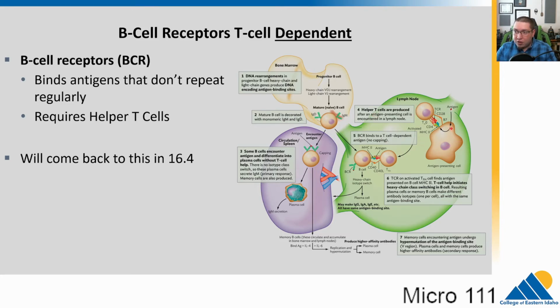And so here's the antigen presenting cell. It gives it to the helper T cell. That takes it over to a B cell and activates that B cell. That will then go off and make plasma cells and memory cells and start producing large amounts of antibody. We will come back to this in 16.4 when we talk about the full process.